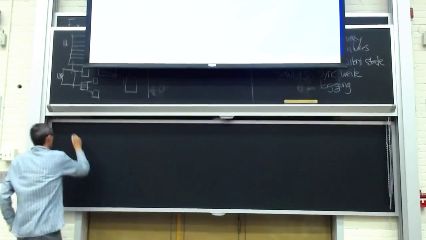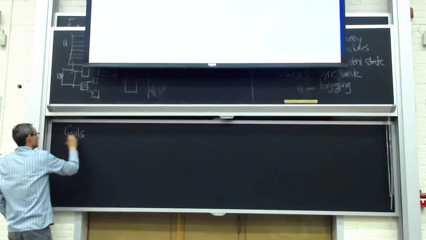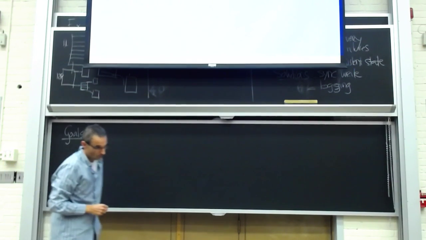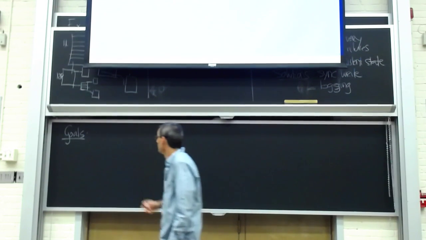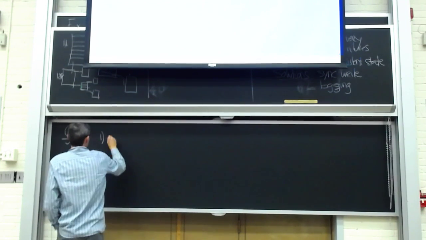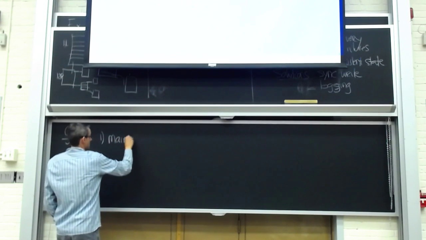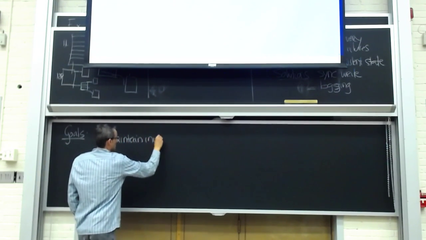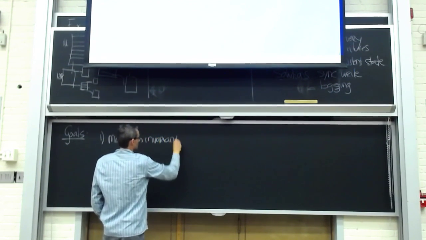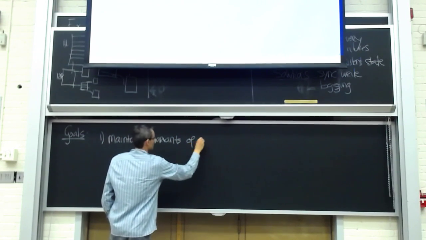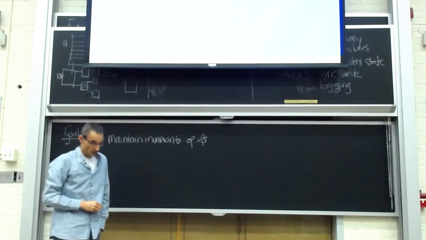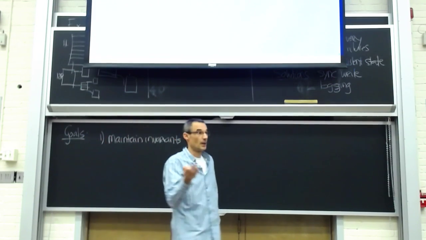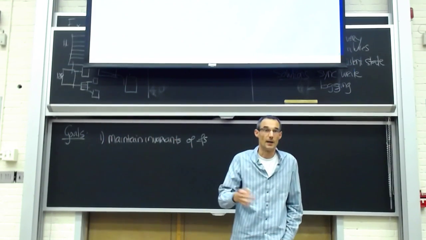So what might be some reasonable goals? One, we want to maintain these invariants. These are the invariants, like a block only shows up in one file, not in 2 files, et cetera.